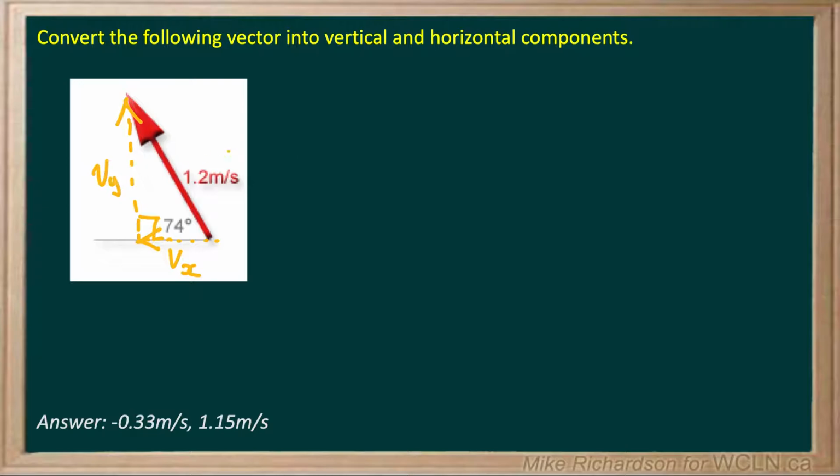So let's start with our vertical component. Vy can be found by using sine, because Vy is opposite to the angle and we know the hypotenuse. Opposite over hypotenuse is sine. So I would go sine 74 degrees is opposite, Vy, unknown, over hypotenuse, which is 1.2.